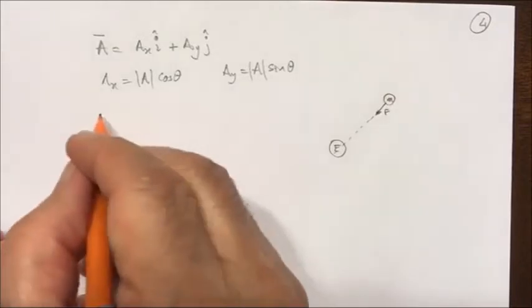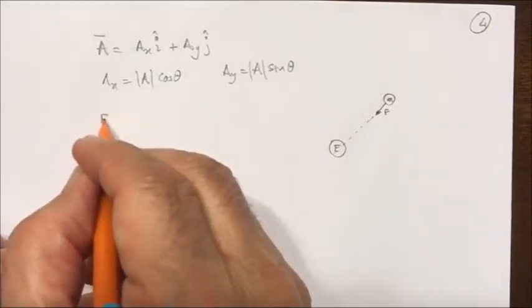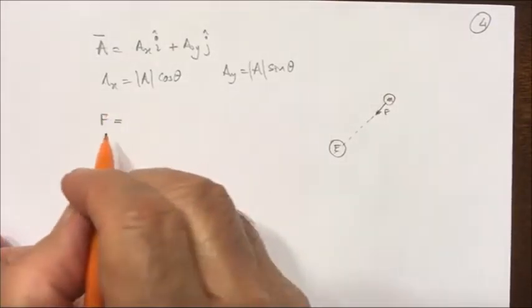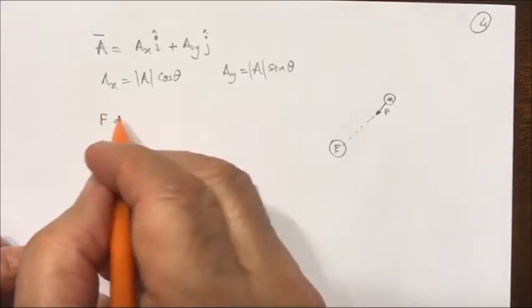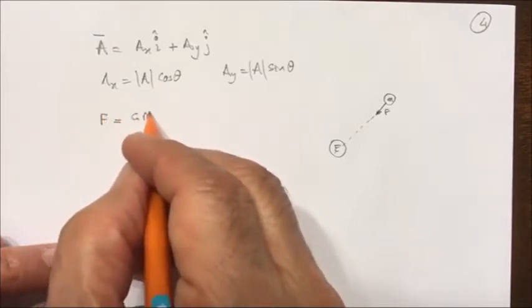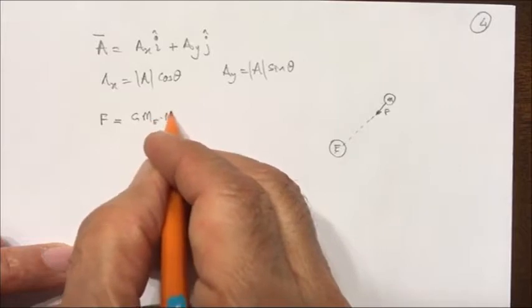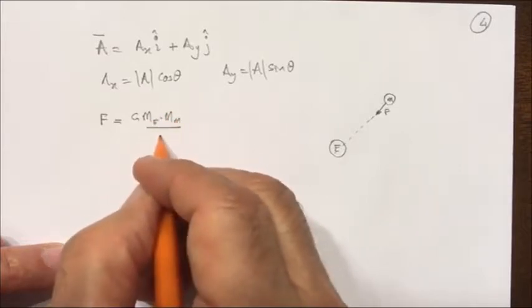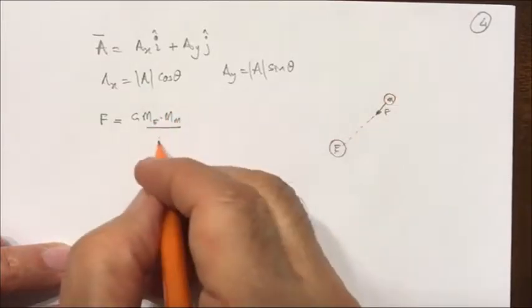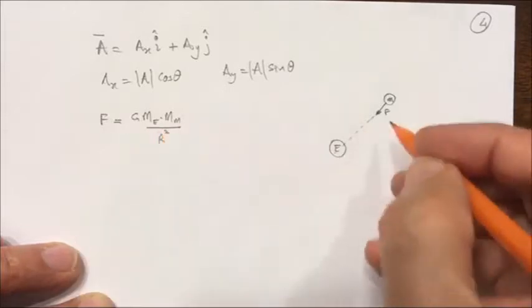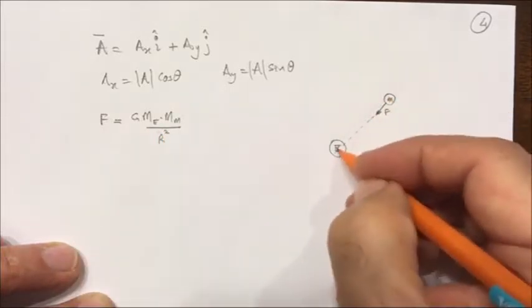Well, there's an equation for the force, which we already saw earlier as part of quiz number 1. That was G times the mass of the Earth times the mass of the moon, over the distance between the two, r squared. This distance from center to center is r.